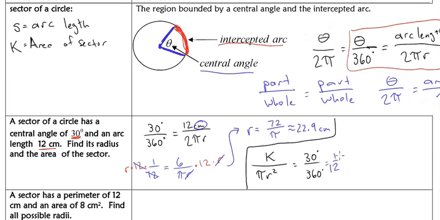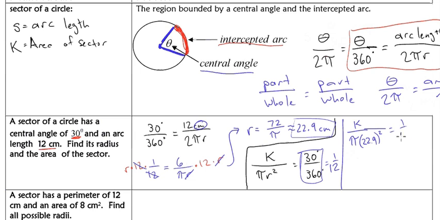So we have K divided by pi times the radius squared. But what is the radius squared? We actually know that. Let's plug that in. That was 22.9 squared. And so 22.9 was the radius, and that squared equals 1/12.